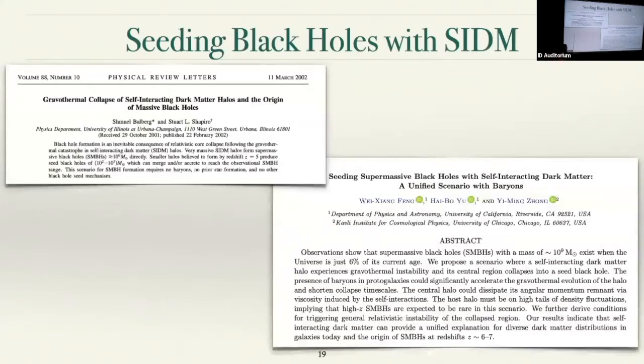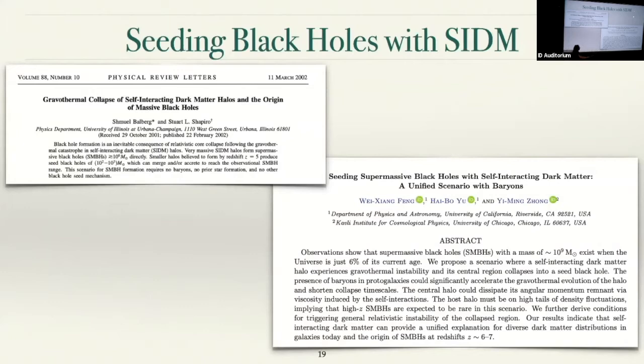So this idea of this gravothermal collapse has become very interesting to the SIDM community because it may be a way to actually produce black hole seeds and help with these really supermassive black holes of 10 to the 9 that exist when the universe is only 6% of its current age.